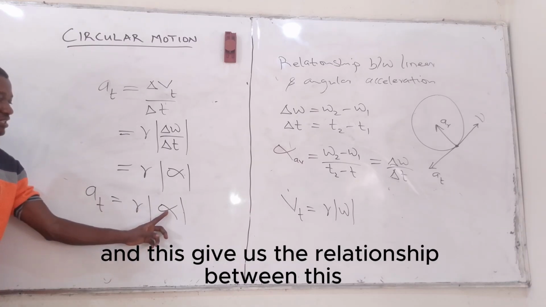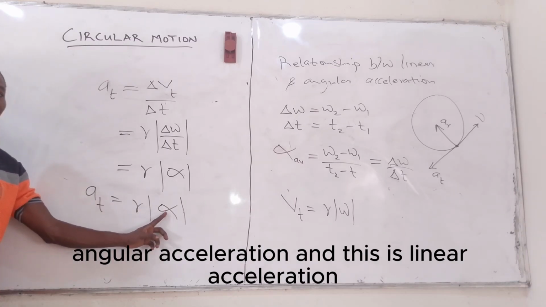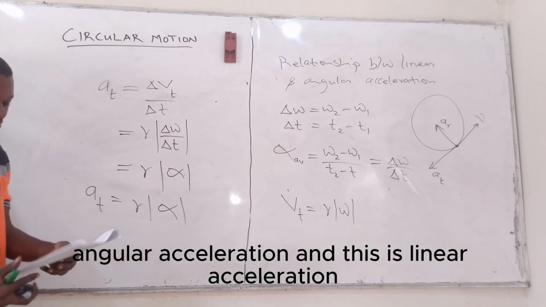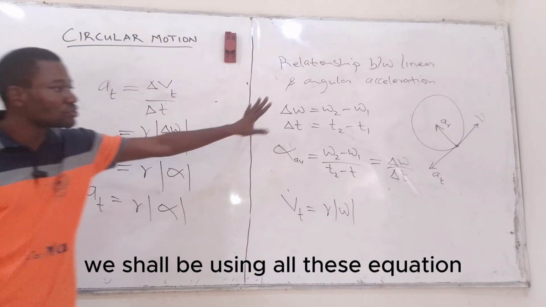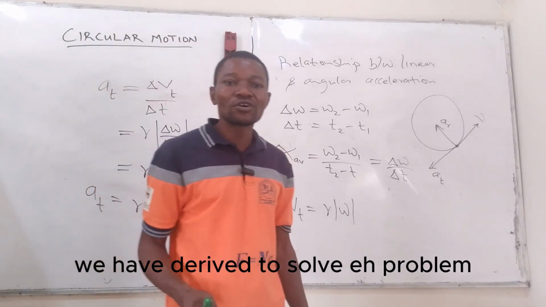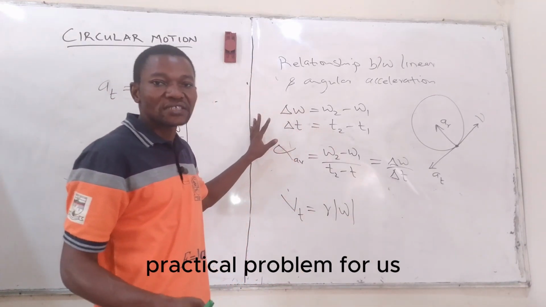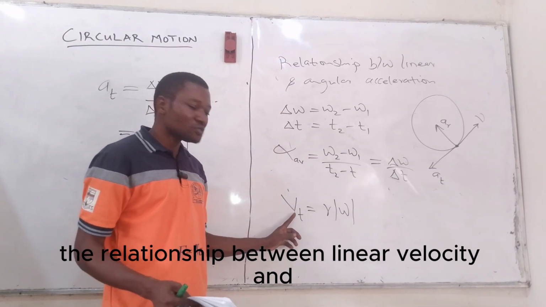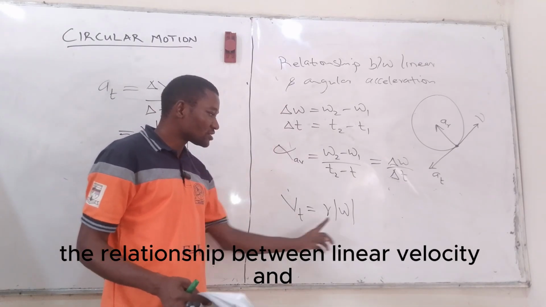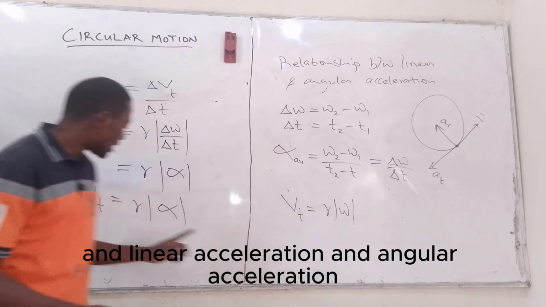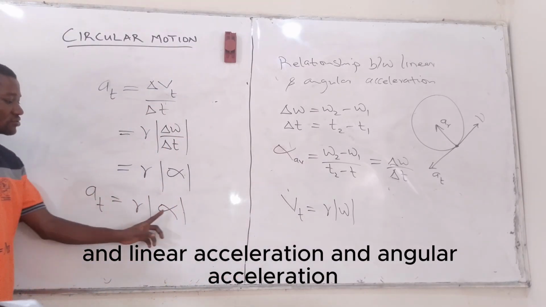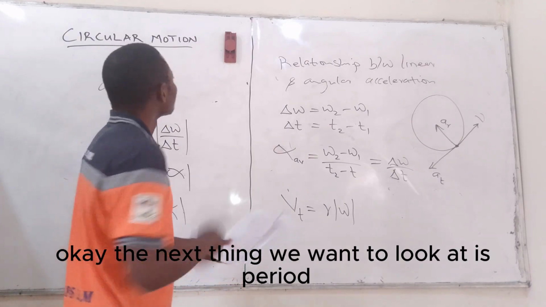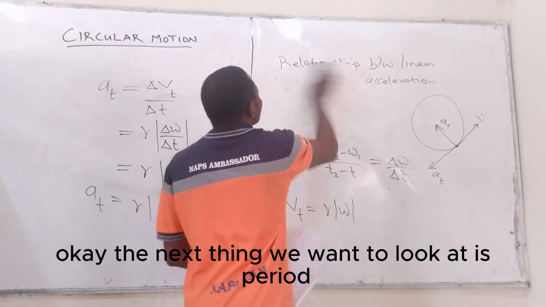We shall be using all these equations we have derived to solve practical problems, for us to better understand the relationship between linear velocity and angular velocity, and linear acceleration and angular acceleration. Okay, the next thing we want to look at is period and frequency.